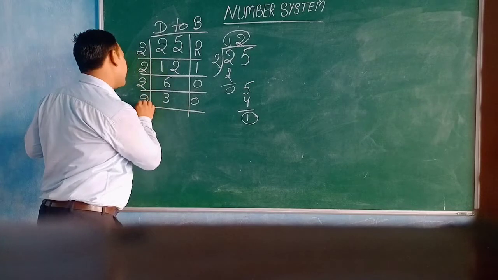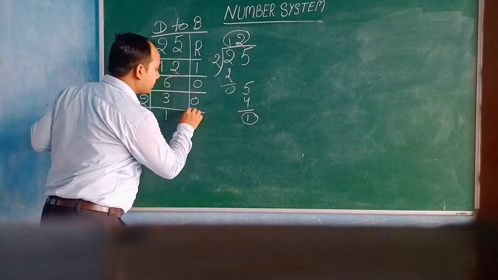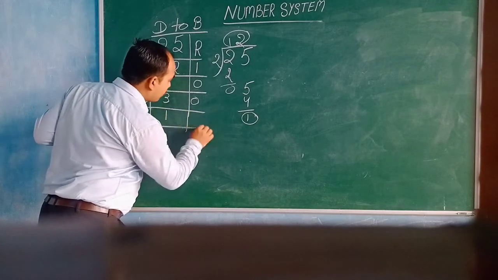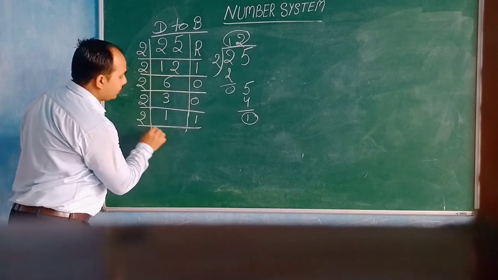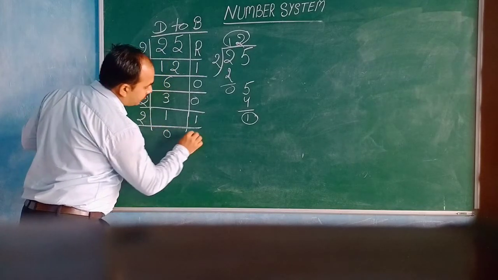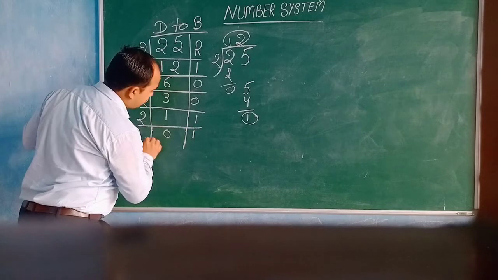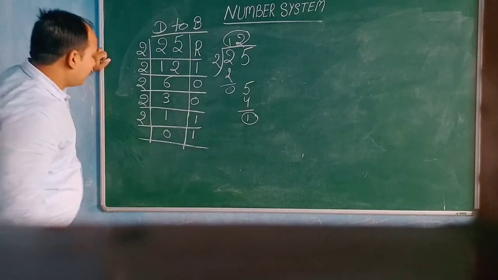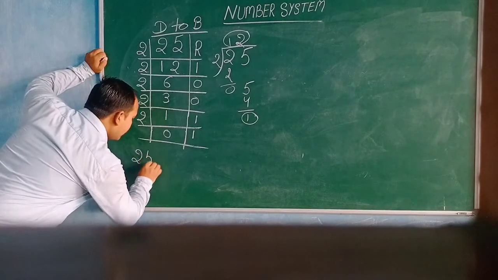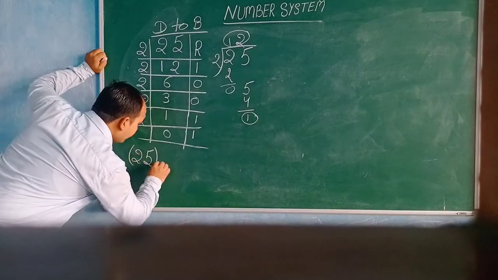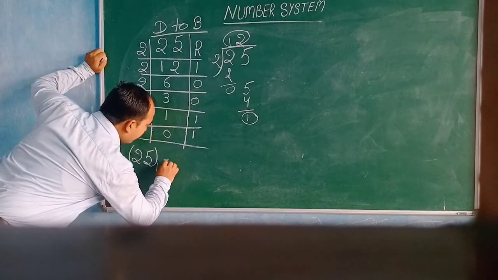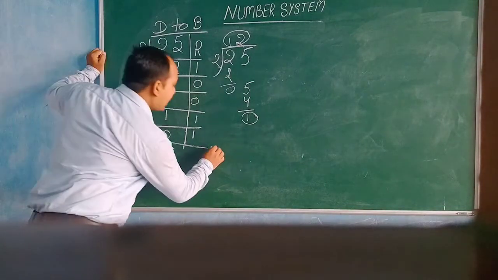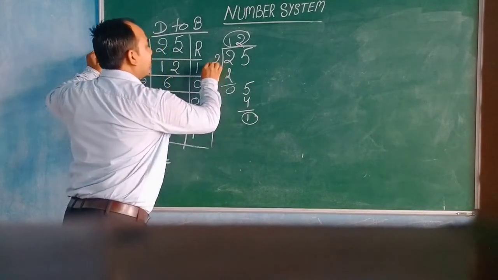Again 2, 1 times, the remainder is 1. Again 2, 0 times, remainder is 1. Okay, so 25 is in decimal form, and for the binary form we write the answer from down to up.